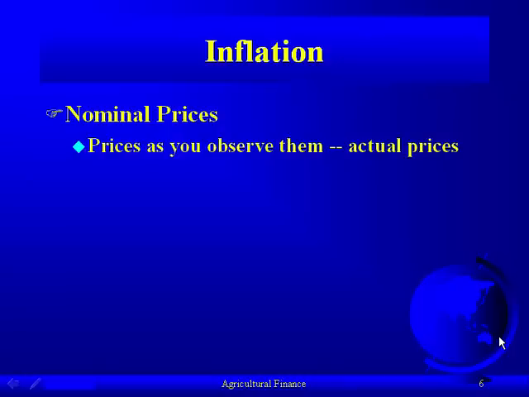If you pay $1 for an apple today, that's a nominal price because you pay it. If in 10 years you have to pay $2 for that apple, then the nominal price is $2 because that's what you observe, that's what you pay. That's an easy way to think about it. It's actually what you observe, it's what you count out. I frequently refer to it as the countable dollars. Whatever you count out to buy something is your nominal price.